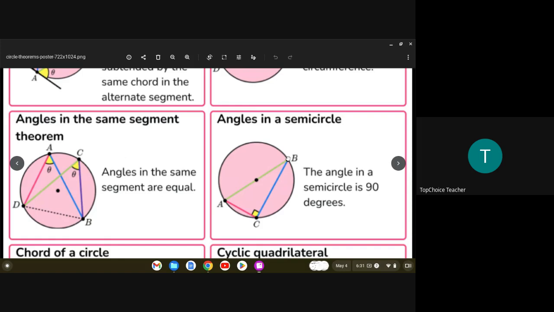If you were to draw these two lines and they meet at any point on the circumference, the angle formed between them is always 90 degrees. Therefore, this angle, which is inside of this semicircle, is always 90 degrees. That is something that we're going to see in our question just now.